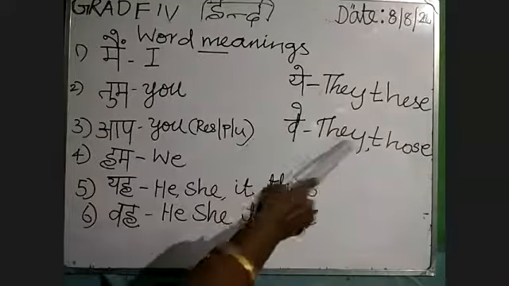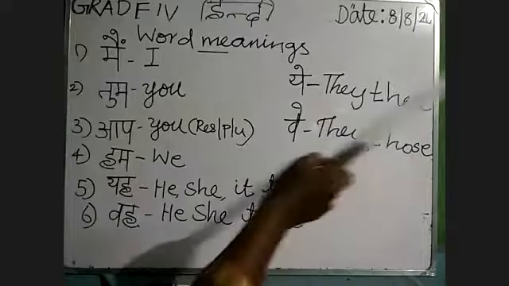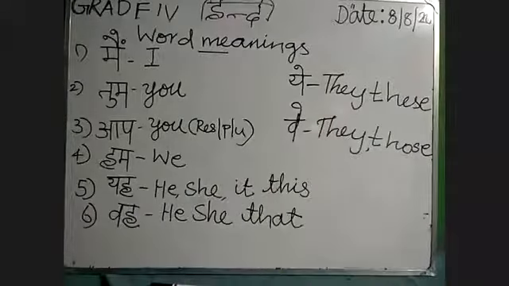Ve means they, those. இவர்கள், இவைகள். அவர்கள், அவைகள். So you should write English meanings. Only the Hindi word will be given. You should write the English meanings for this.